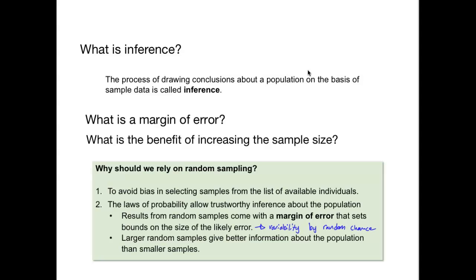So people are constantly turning 18. So the polls vary day to day. But larger samples give better information. They give more information, and then you're able to create better inference about the population. So draw better conclusions.